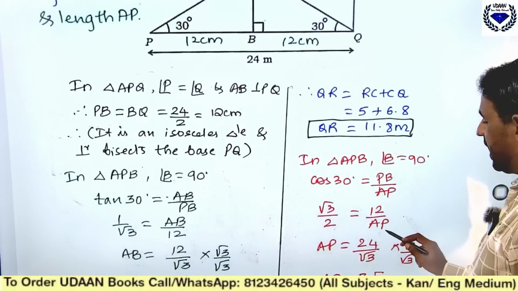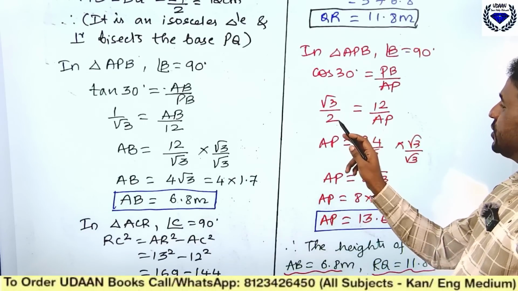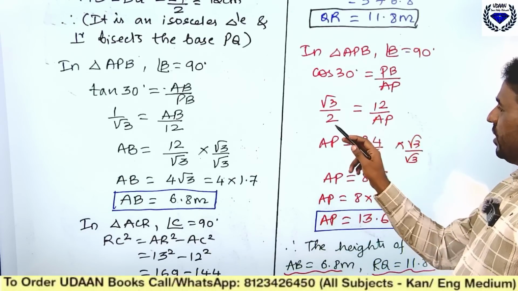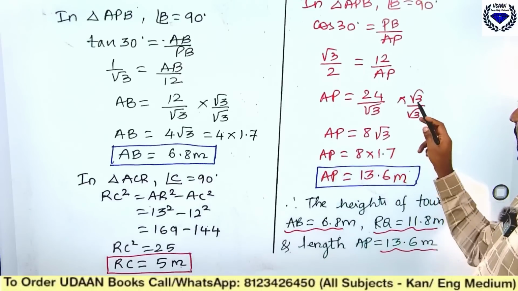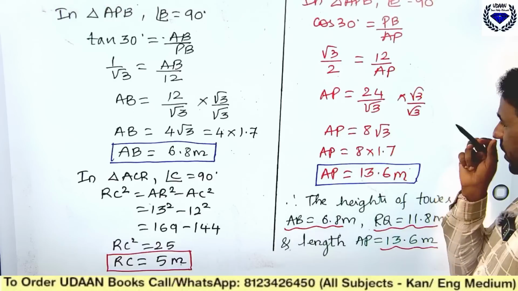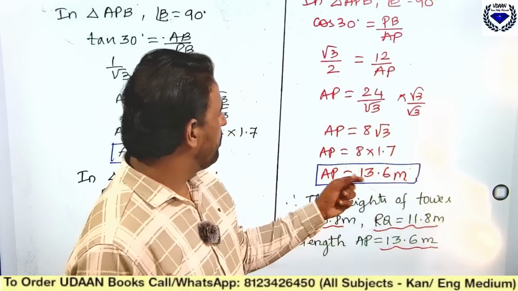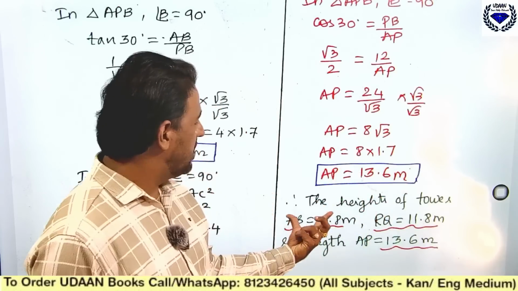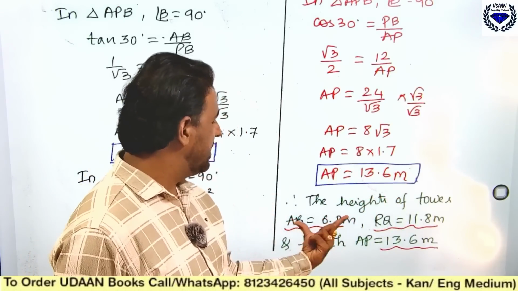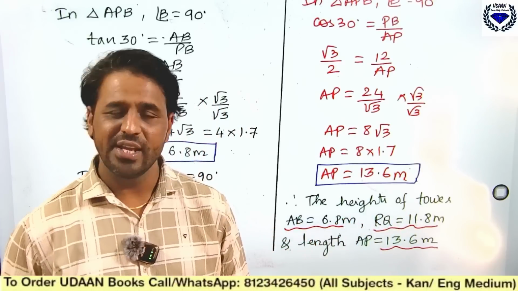Adjacent is 12 by AP. Cos 30 is root 3 by 2. So AP equals 24 by root 3, again root 3 into root 3, 24 root 3 by 3, which is 8 root 3. Root 3 is 1.7, so you will get 13.6 meters. Therefore the height of tower AB is 6.8, RQ is 11.8 and length AP is 13.6 meters.